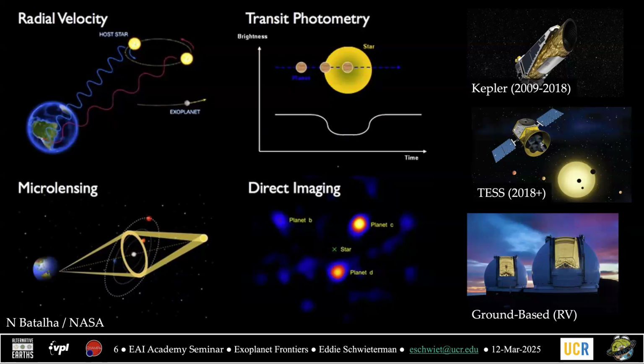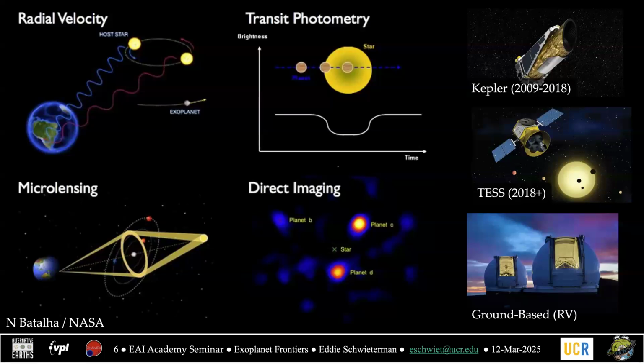What we can do from the ground today is take pictures of very hot, far away planets orbiting stars at distances that are much further than, for example, Jupiter is from our sun, which is 5 astronomical units. In this case, the planet is sufficiently separated, and because the planets are hot and young, they're bright in near infrared wavelengths, and we're able to see them.